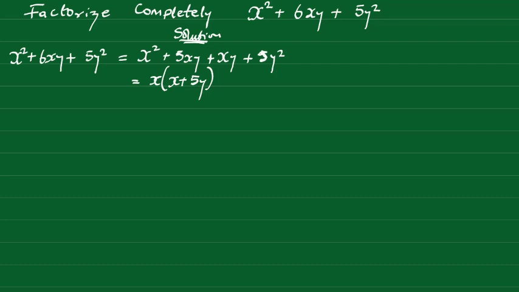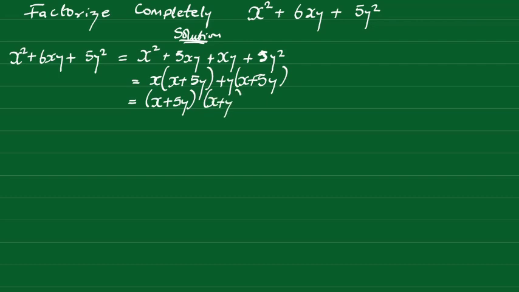Then we factor out y from plus xy and plus 5y squared. So we have plus y bracket open, x plus 5y bracket close.